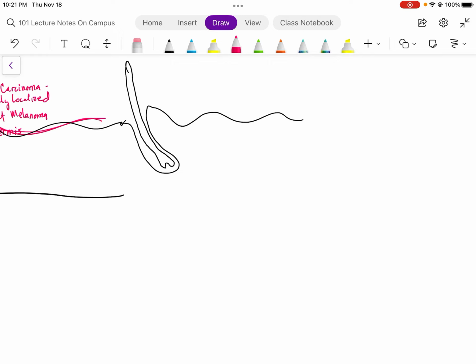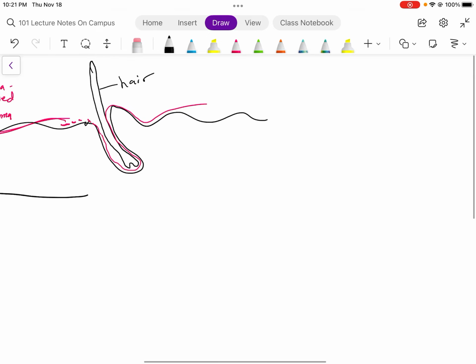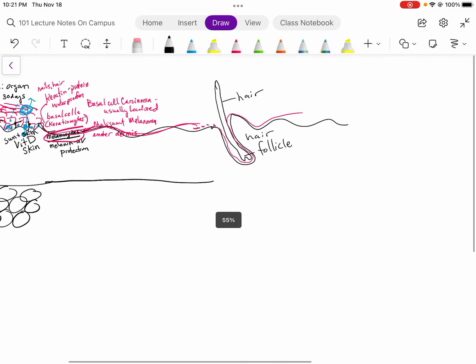Okay, and what you see there is a layer of cells that comes in and invaginates around that area and comes back out. So this becomes the hair, and this is the follicle. This is the hair follicle down low. But notice that we're kind of in the dermis layer.